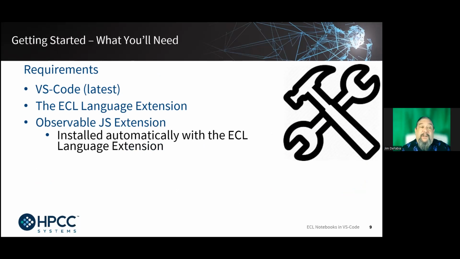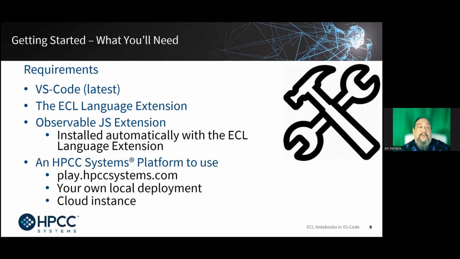Now that's installed automatically with the ECL Language Extension, but I thought it important to mention it here as a requirement, even though it's automatically installed, just because you should know that you have something available. And you'll also need an HPCC Systems platform to use. Now that can be the play.hpccsystems.com system that's publicly available, your own local deployment, be it a containerized deployment or bare metal or a cloud instance.